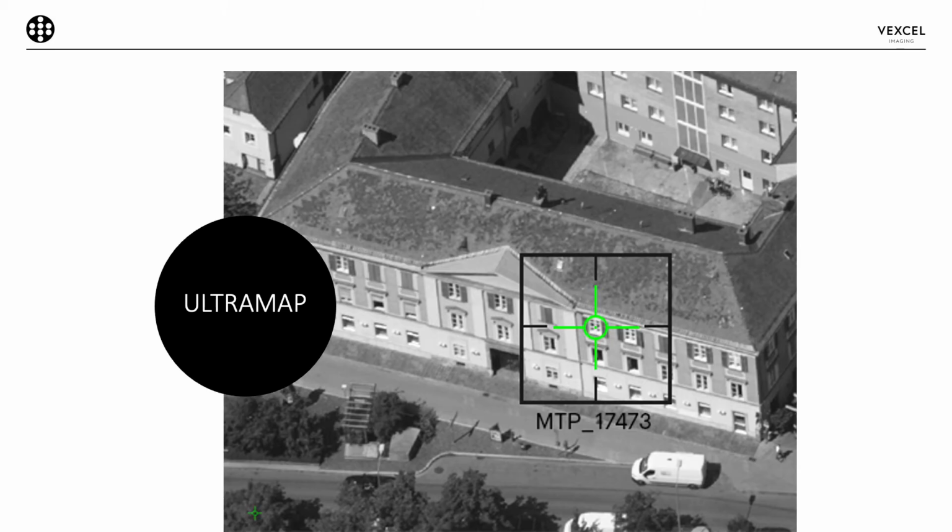So nowadays, hardware is nothing without software. The camera collects the data in a raw format, and UltraMap is our processing software system which grabs the data and then processes it from the raw data into the user-specific formats. UltraMap has a modular architecture, so it consists of several modules which you can take to fulfill the tasks you want to fulfill.